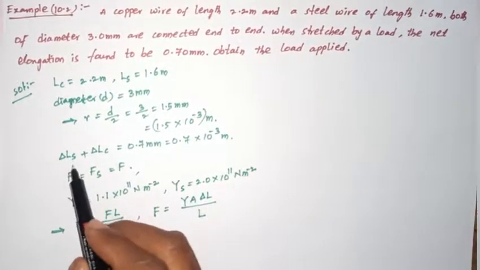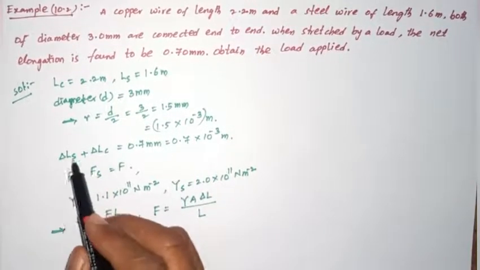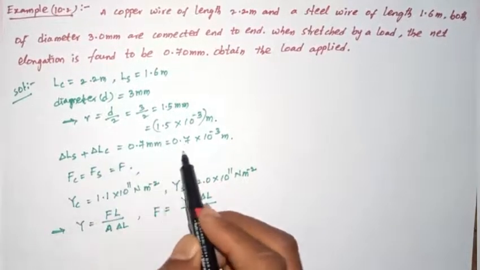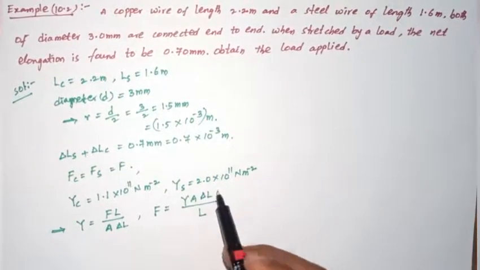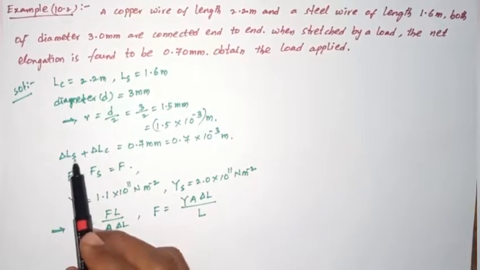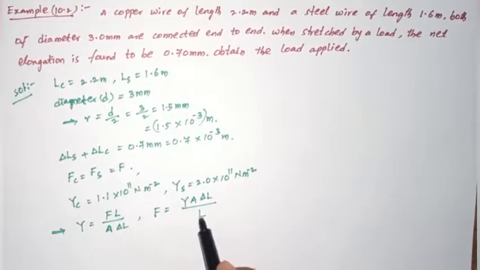The combined elongation, delta Ls plus delta Lc, equals 0.7 into 10 to the power of minus 3. So we can find delta Ls or delta Lc, then substitute here.